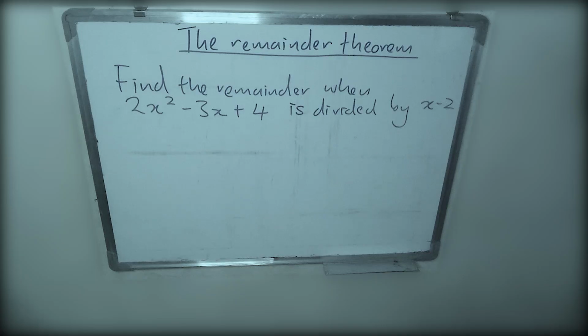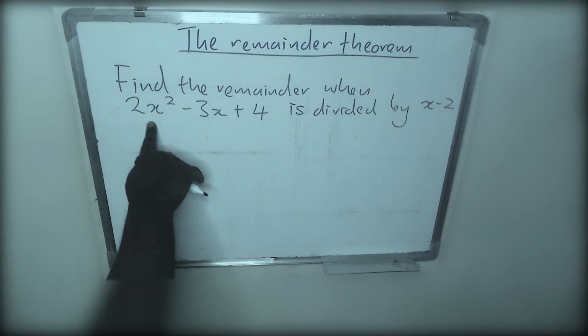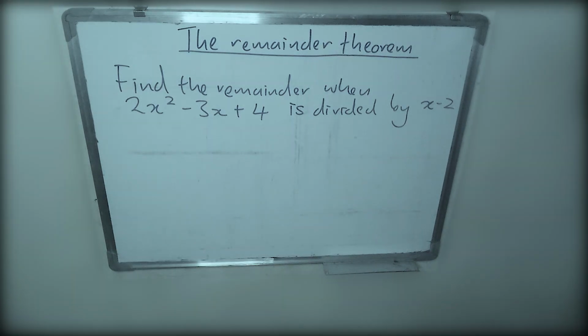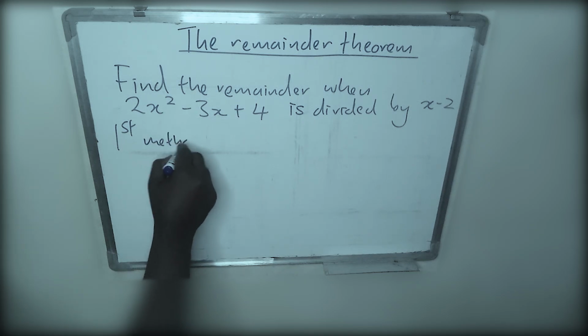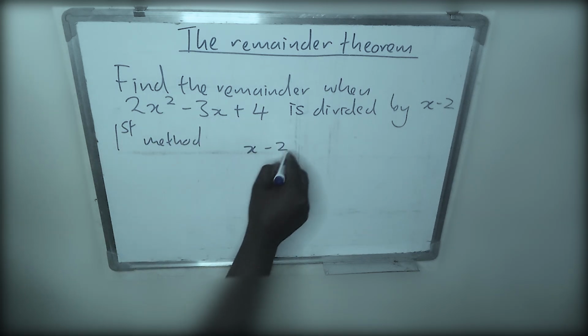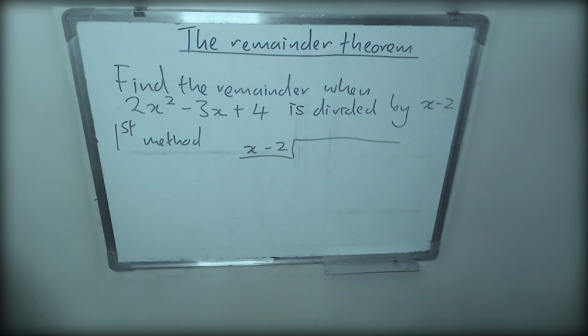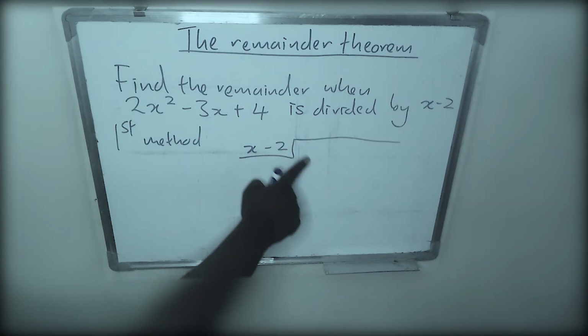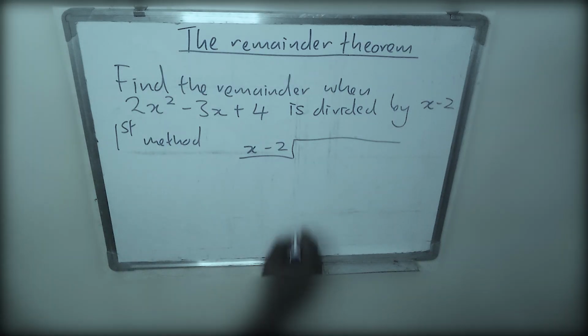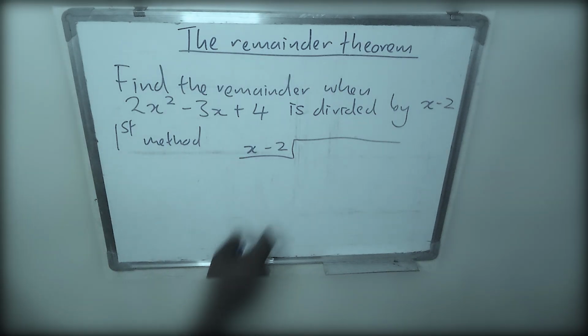We can use the first method of long division, dividing 2x squared minus 3x plus 4 by x minus 2.